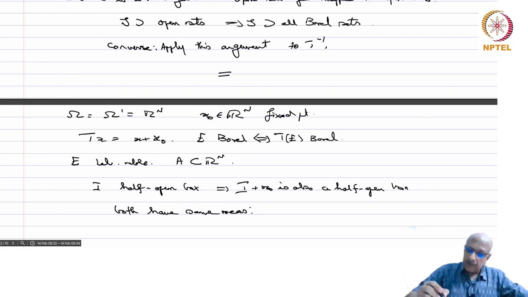Okay, so from the definition, how is mu star defined? Mu star is the infimum of all sums of mu of E_i, where E_i are boxes. So by definition, mu star of any set E is the same as mu star of T(E) for all E contained in Rn.